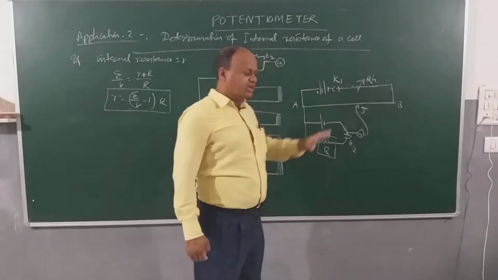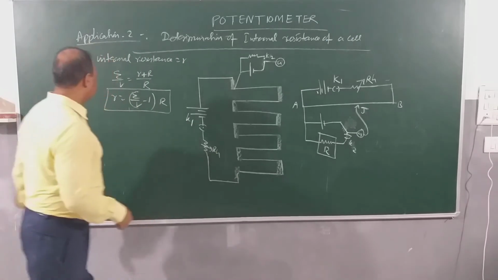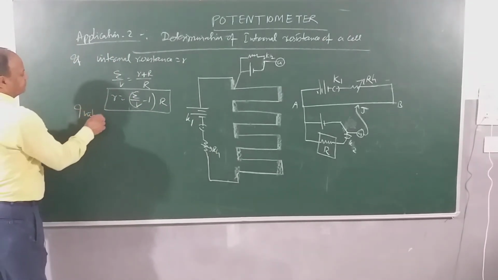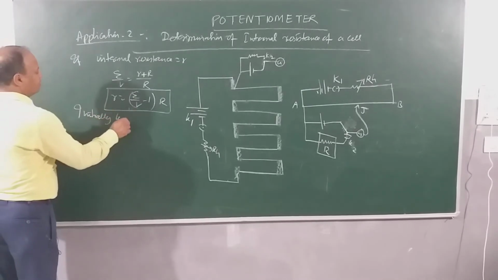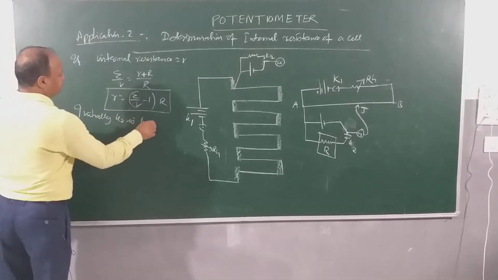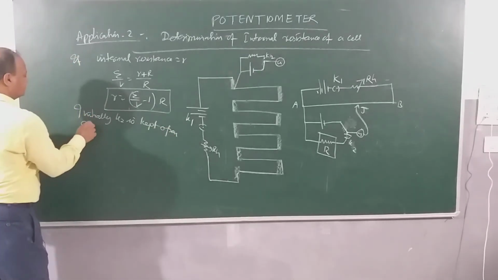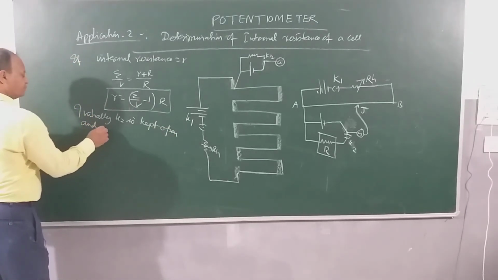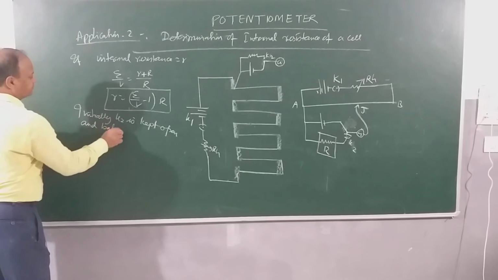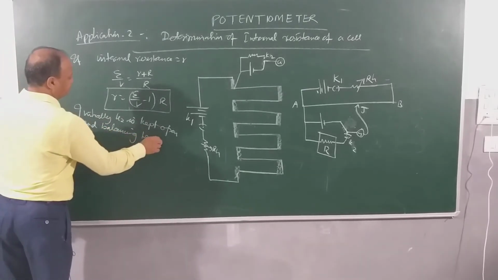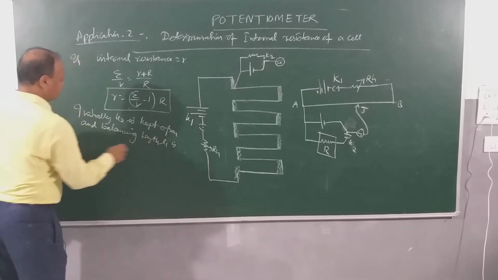So what I'll do is, initially K2 is kept open and the balancing length L1 is located.